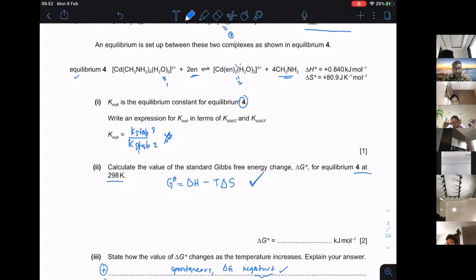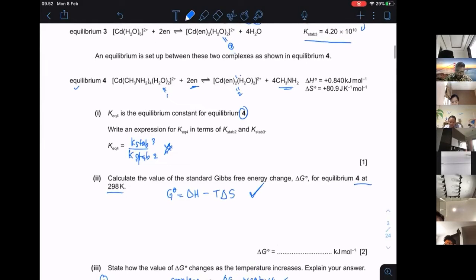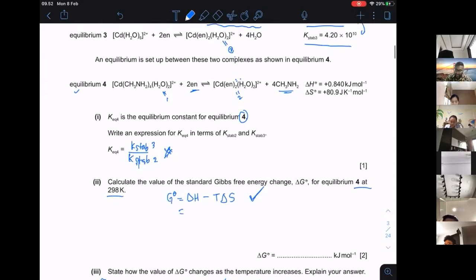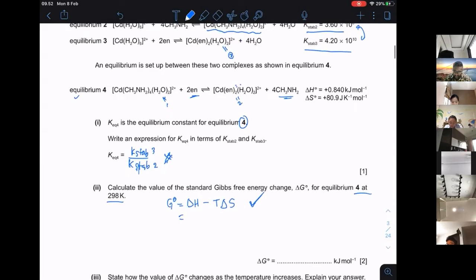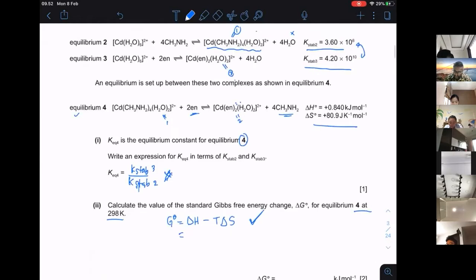So if I use this formula to calculate Gibbs free energy for equilibrium 4, delta H is going to be given. You can see here.